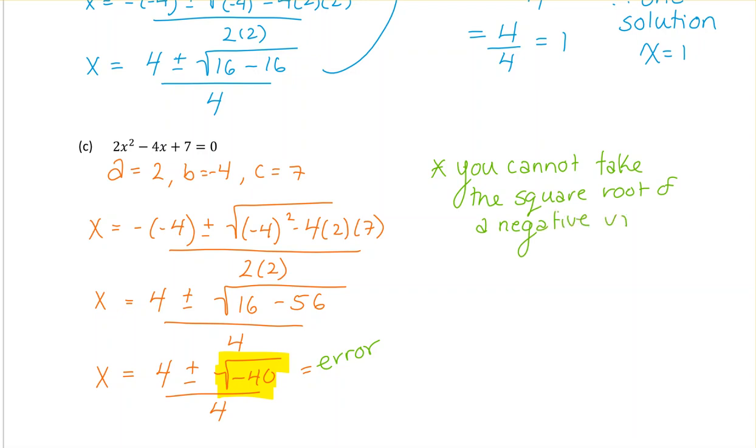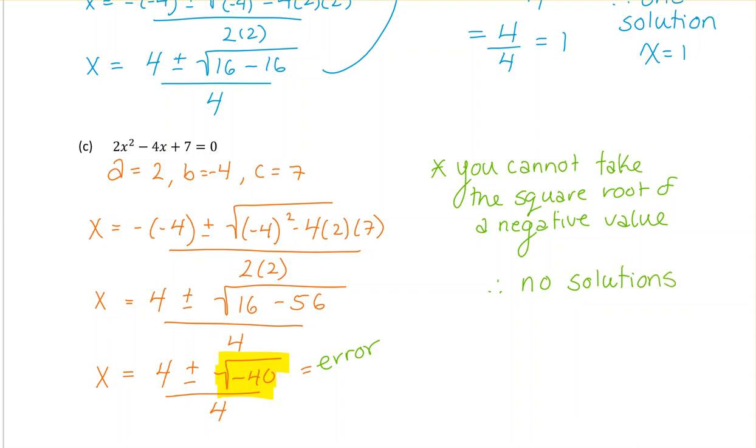Now, that doesn't mean you're wrong in this situation, okay? When you get that portion of the quadratic formula which is under your square root sign, and it is equal to any negative number, whether that's negative 0.1 or negative 40, this means that this quadratic has no solutions. There are no values of x when y is equal to 0.